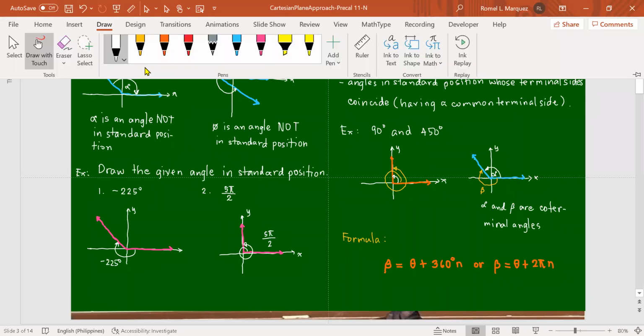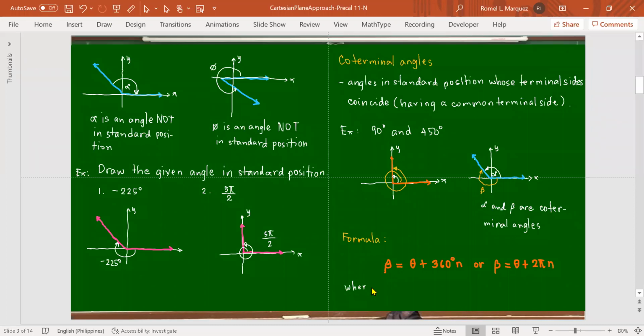Where theta is any angle in standard position, while beta is the coterminal angle of theta.